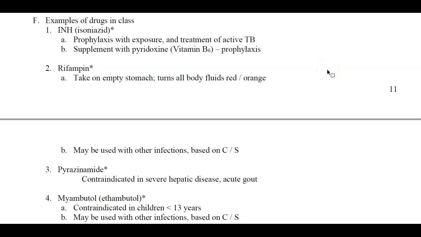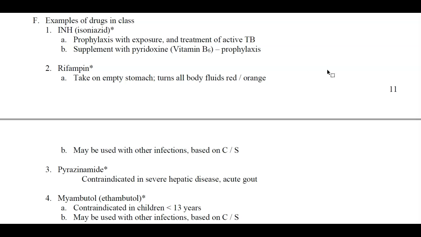Now again, because of the possible side effect, it is very important that a patient is on vitamin B6 or pyridoxine supplementation to prevent the nerve problem that can develop from this medication. So if your patient starts experiencing nerve-related symptoms such as tingling and numbness after starting isoniazid, it may be a good idea to start the patient on vitamin B6 supplementation.